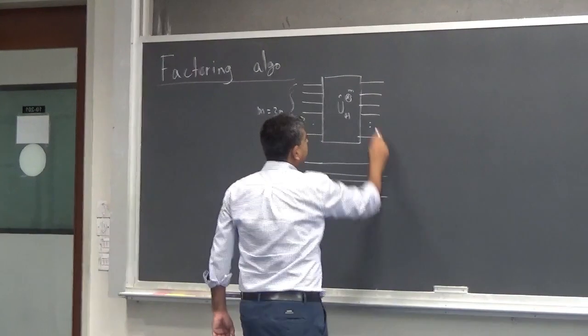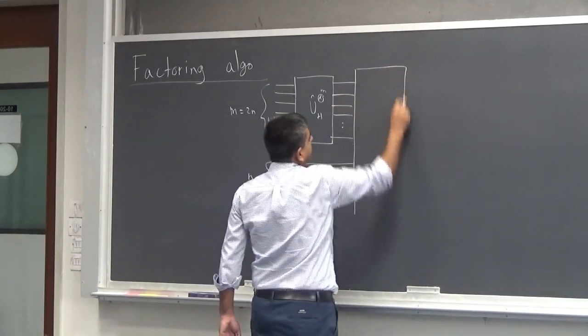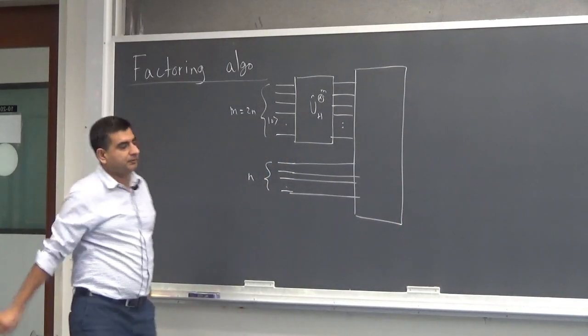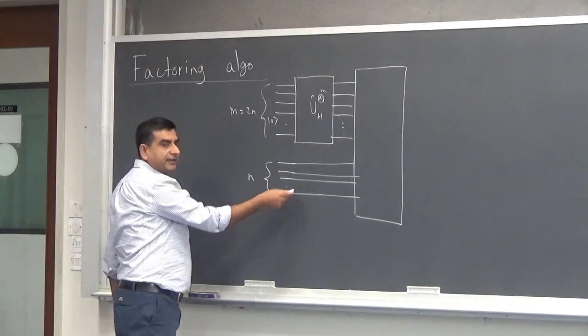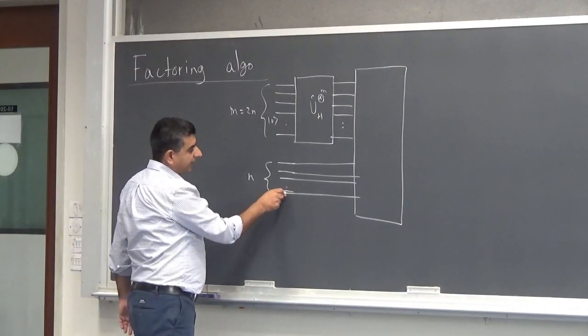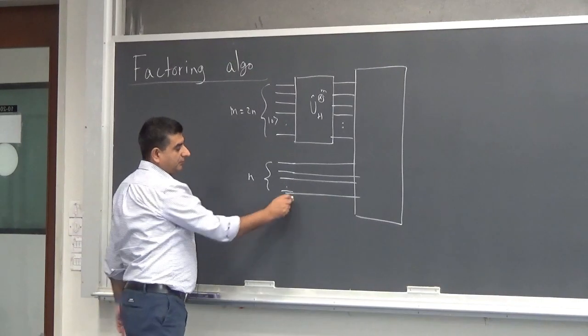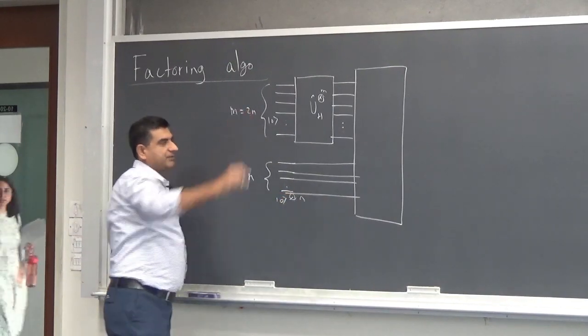And then at this stage we had a giant unitary transform. So this also started off in some state ket 0, which is an n qubit state.